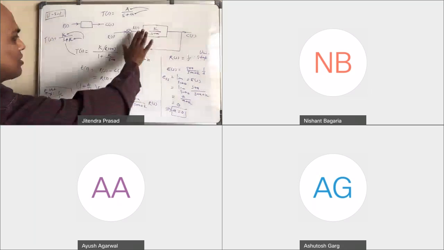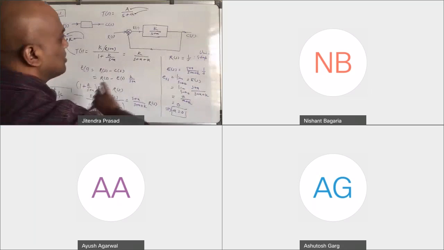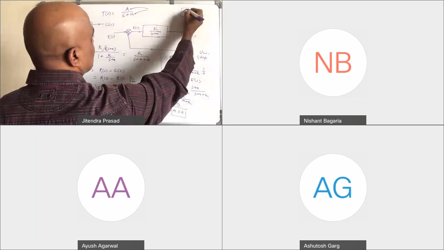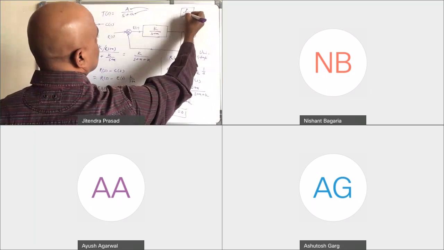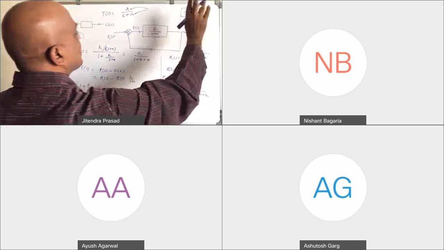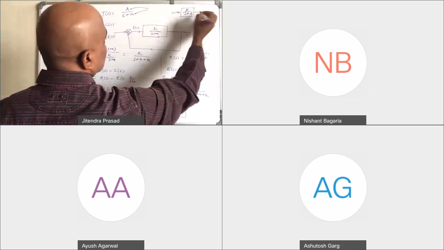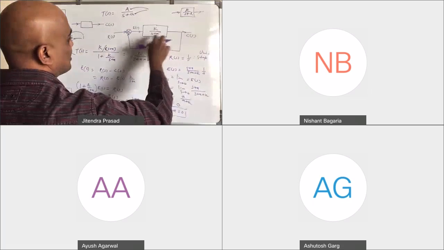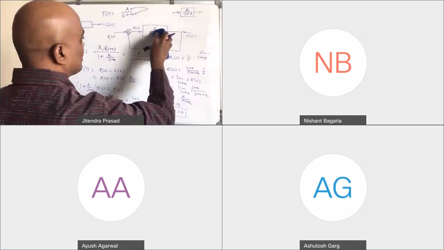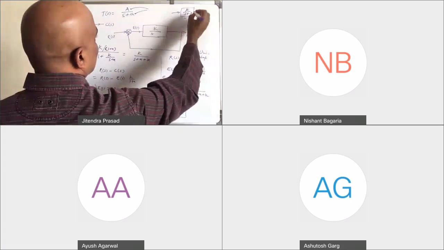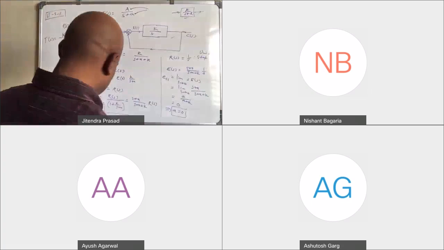So either you can denote it as a single transfer function, which is equal to 1 over s, or K over s plus K. Either you can do it like the open system, or closed system, here a equal to 0. Right? So both are equivalent basically, right? So this is the open system, this is the closed system.